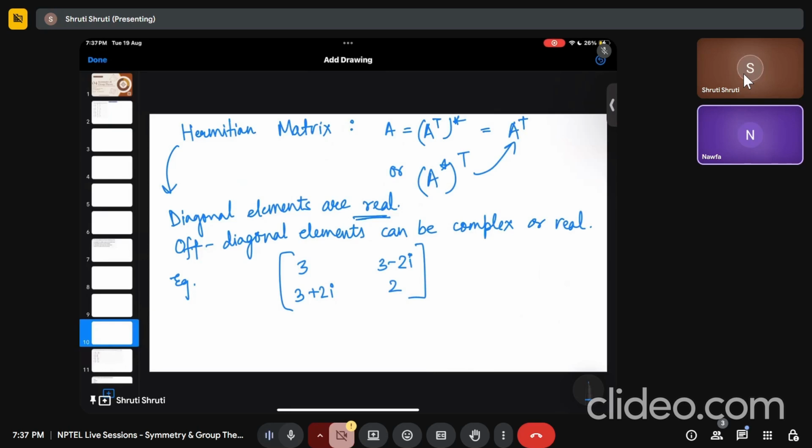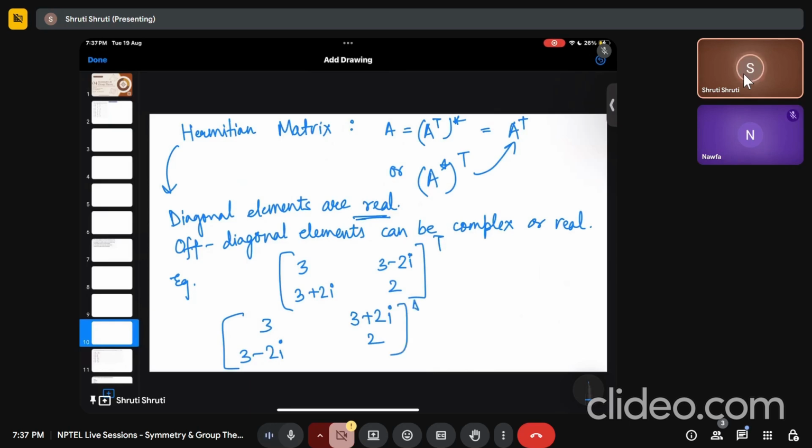So let us do the transpose first. If I do the transpose of this, I will get 3, 3 minus 2i, 3 plus 2i, and 2, right?